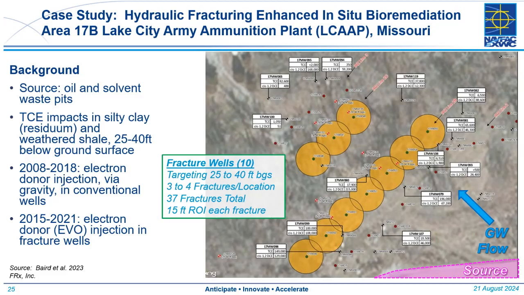At this site, there had been about a decade of injecting electron donor via conventional wells. And then later, from about 2015 on into 2021, 10 fracture wells were established, which included about 3 to 4 fractures per location, for a total of 37 fractures.